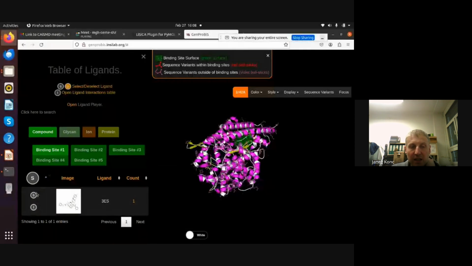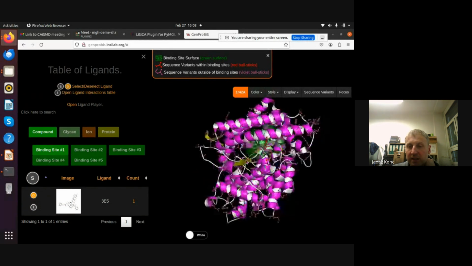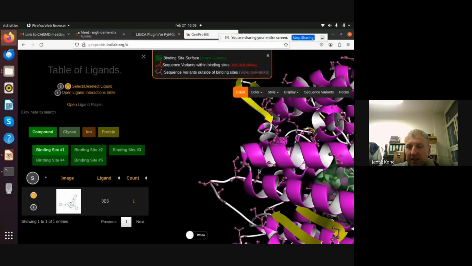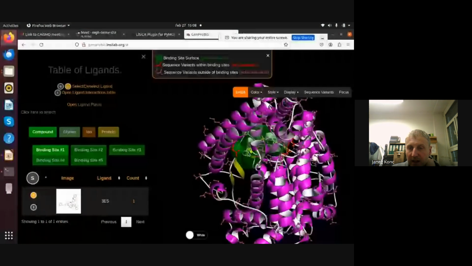Yeah, and if we click here to the add select, we can just turn on the ligand. As you can see here, the ligand is now shown in this binding site as a sticks model.